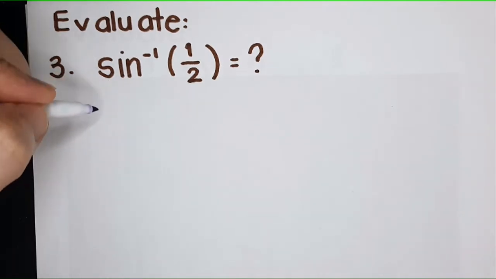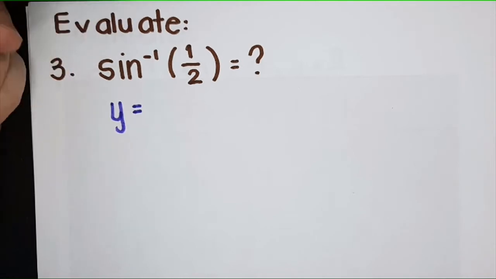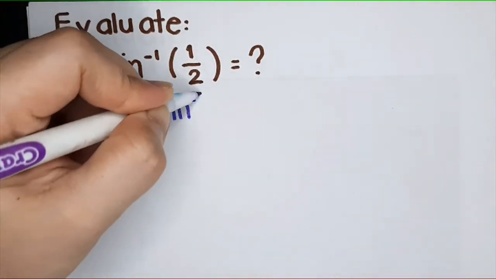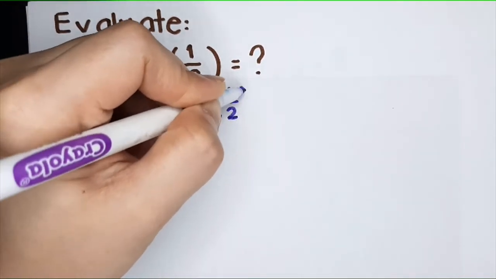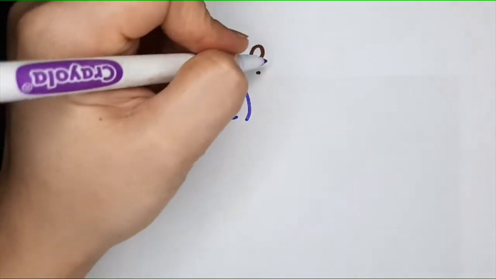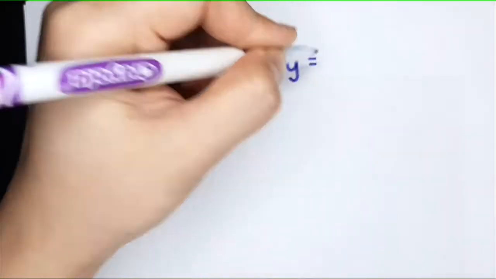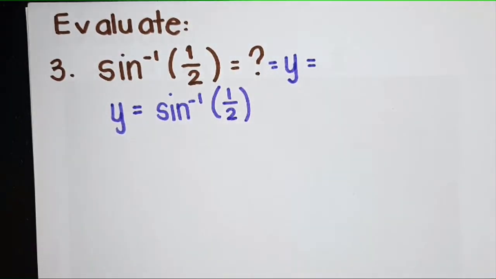So, again, you may want to write it in this way. Let y be equal to sine inverse of 1/2. Okay? So again, we're really looking for the value of y. Kasi equal sila. So kung ano yung mahanap nating value ng y, yun na yung sagot.